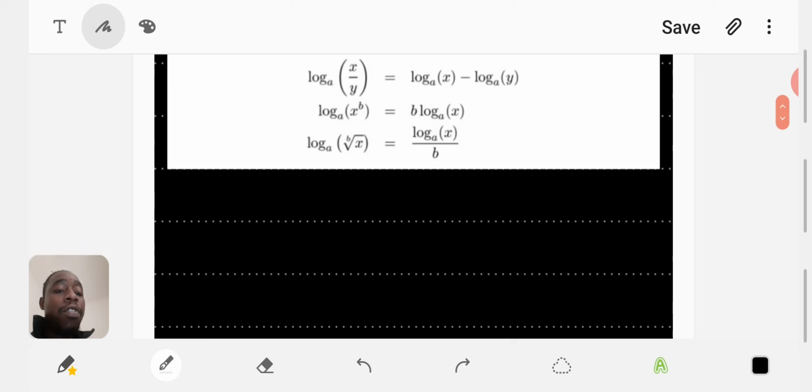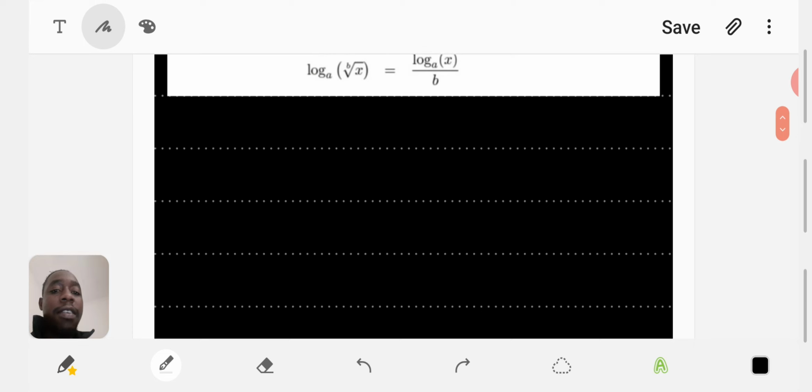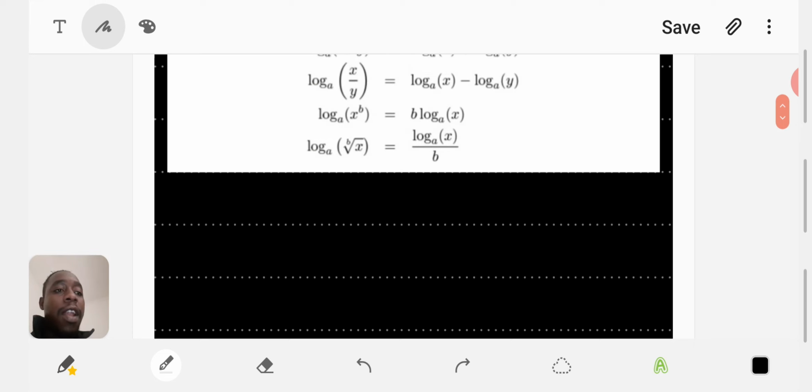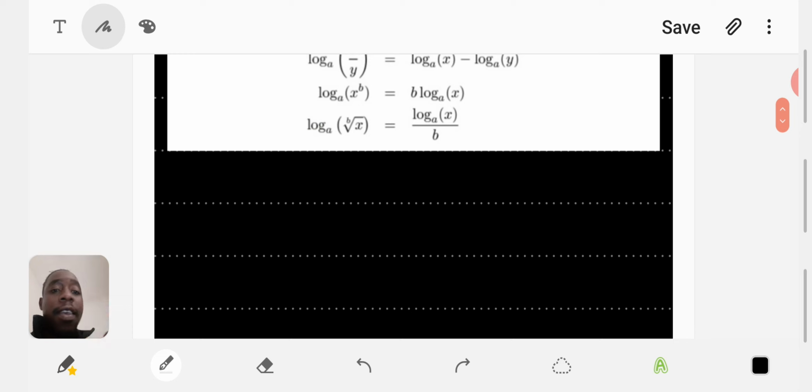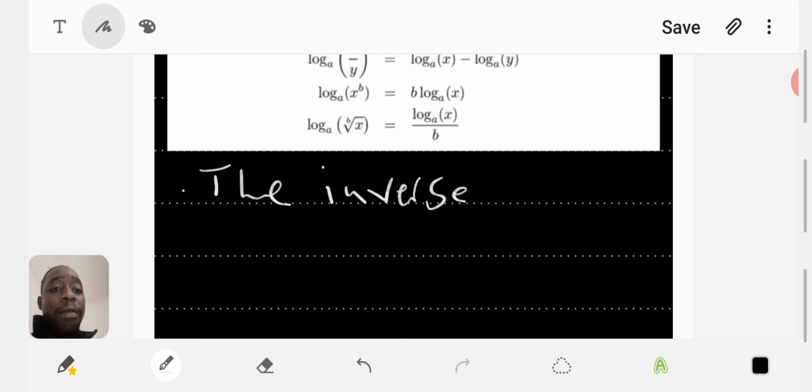Okay. So to begin with, what exactly is a logarithm? A logarithm in layman's terms is just the inverse, and this is very important, guys, the inverse of an exponent.